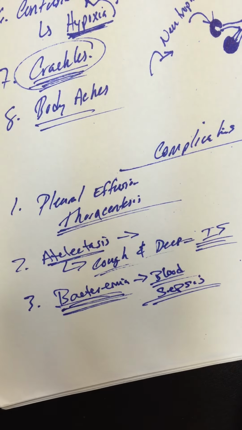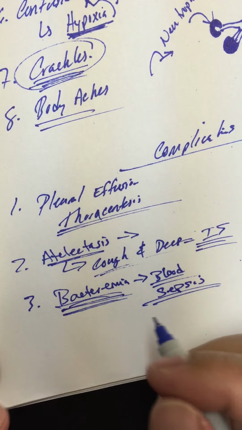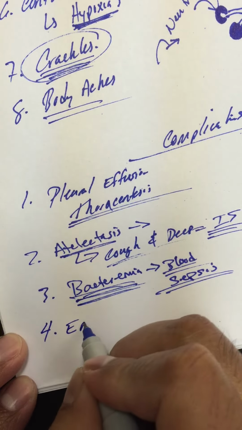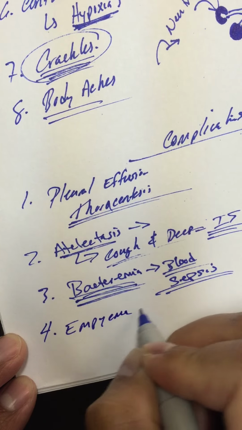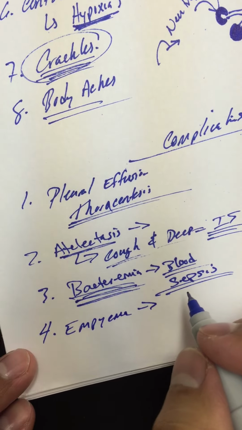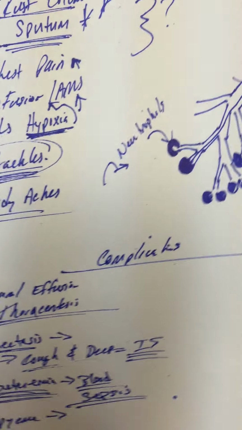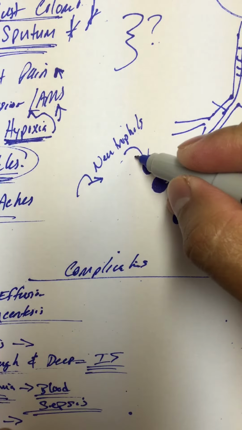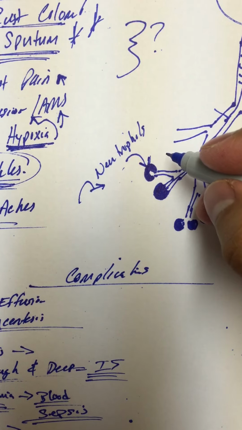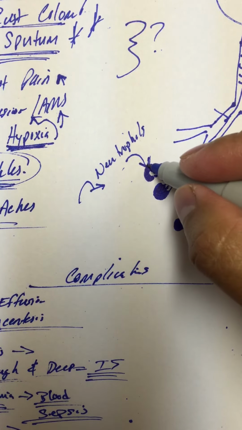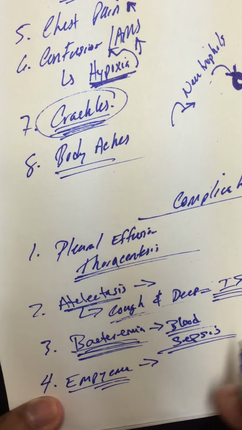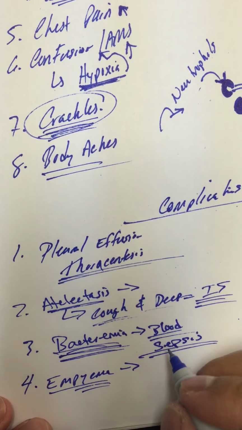Bacteremia, again, that's bacteria in blood. Empyema, or purulent fluid in the pleural cavity. And again, we talked about how neutrophils are going to come in here, start phagocytizing these microorganisms. As a result, pus will be formed. Again, that's what empyema is, purulent fluid accumulation.